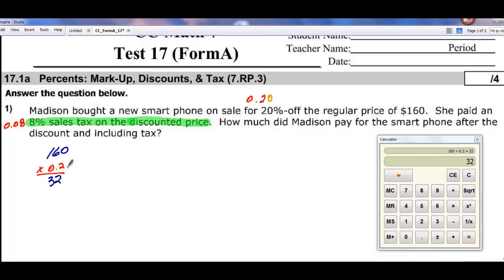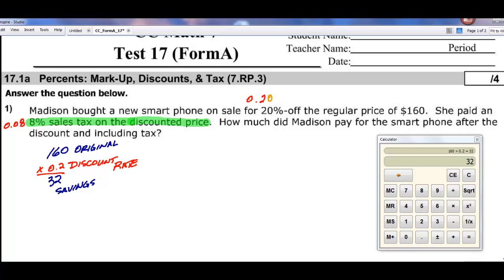So this 0.2, that is the discount rate. The 32 is the savings. And the 160 is the original price. I'm just going to call that the original.